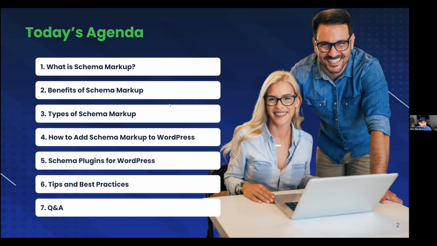How to add schema markup to WordPress. There's a few different ways to do it. The top plugins to do it if you decide to use a plugin, our tips and best practices for deploying it. And right after that, we'll actually do a demo where I'll go into one of our sites and set up schema that is not currently on a website. And then we will do a Q&A.